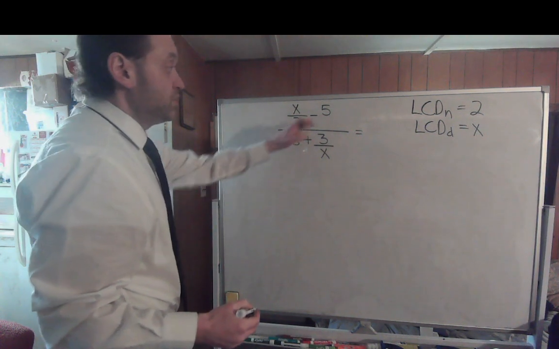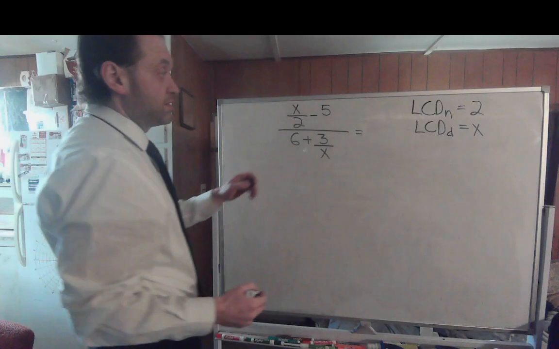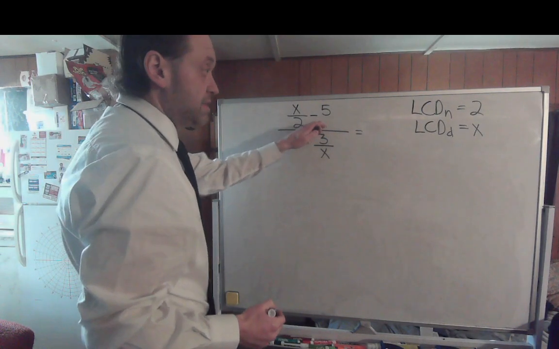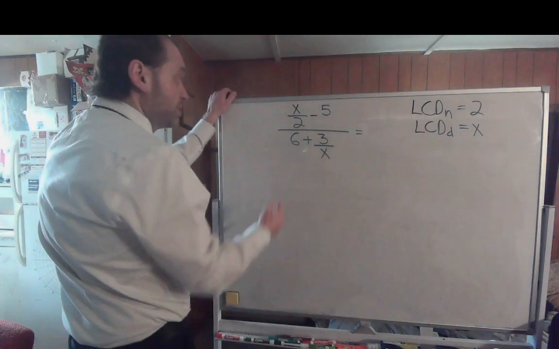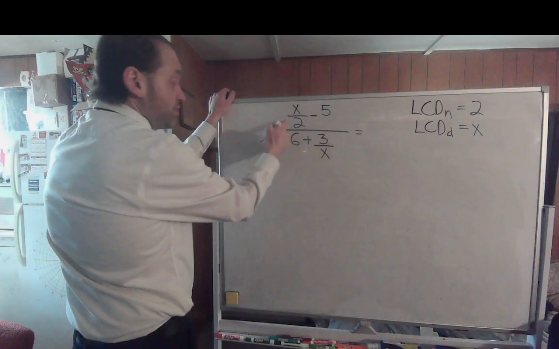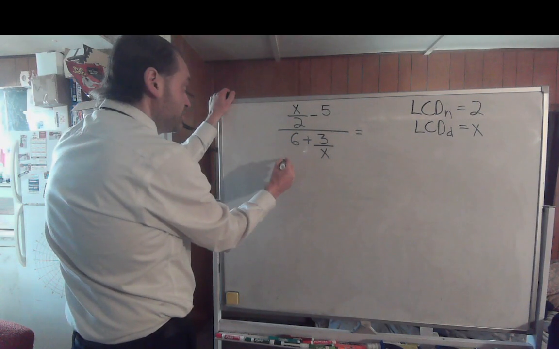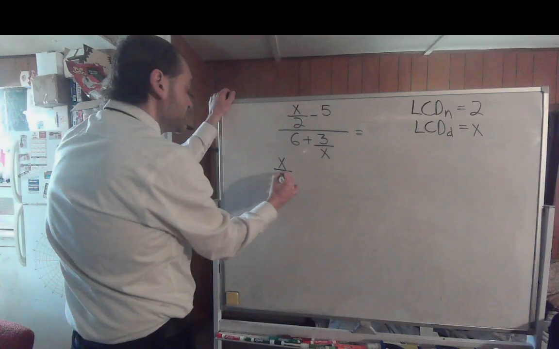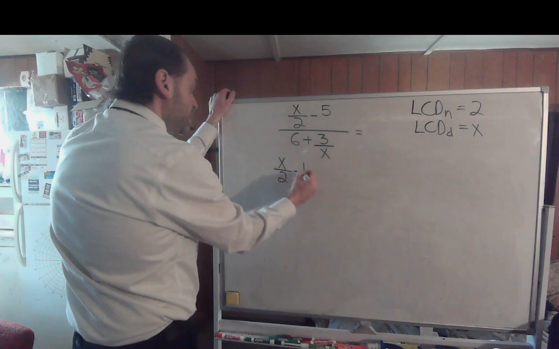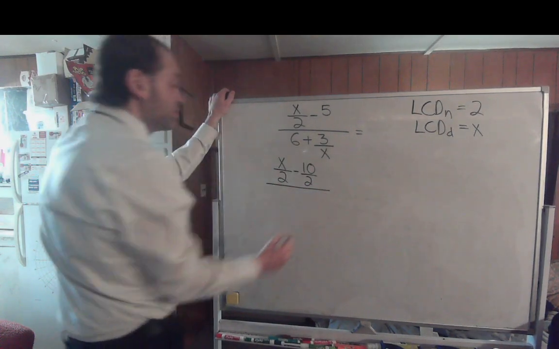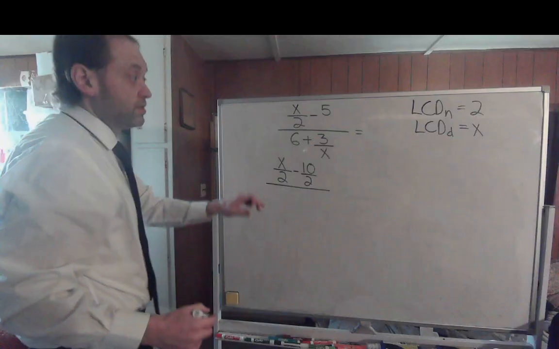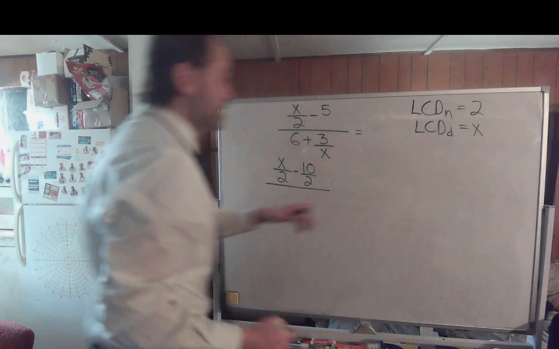So on the numerator, in order to make the second term have a least common denominator of 2, we have to multiply both numerator and denominator by 2. Your first term already has that, so you would end up getting x over 2 minus 10 over 2. All that all over, now your denominator, your least common denominator is x.